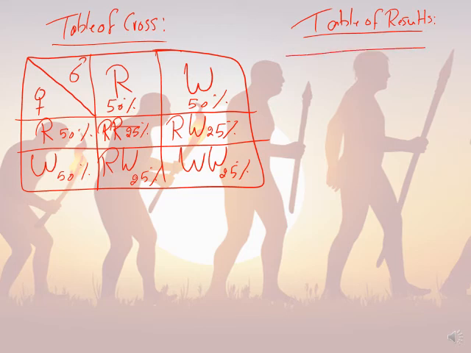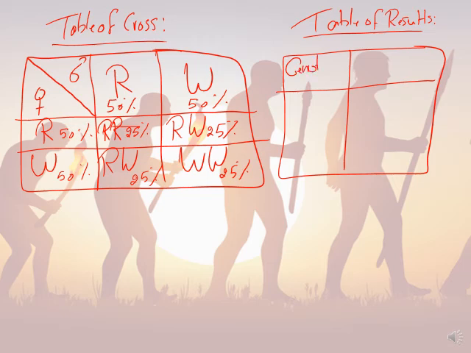The table of results will be like this. The genotype will code for the phenotype. Here we have RR 25%. We don't have other than this as RR 25%, so this will give 25% having red color, so red flowers.